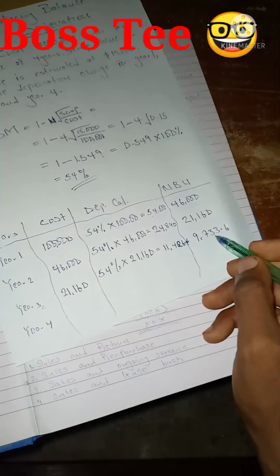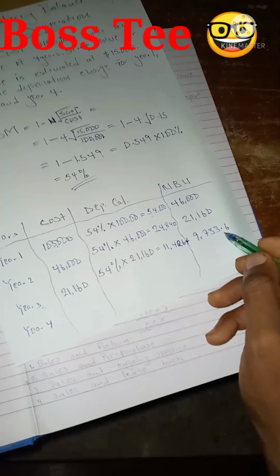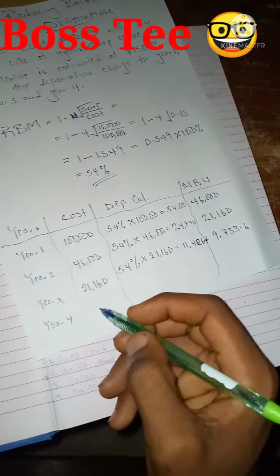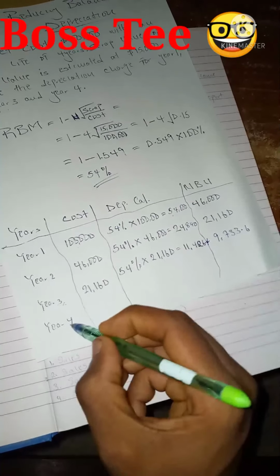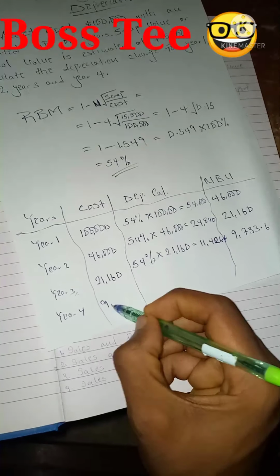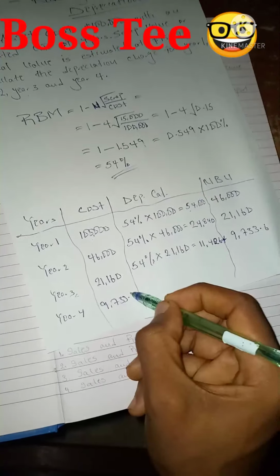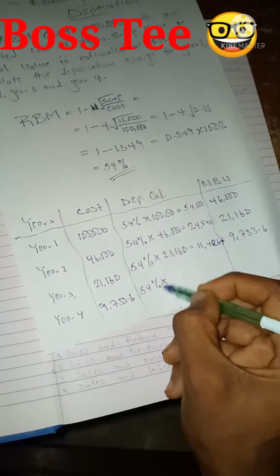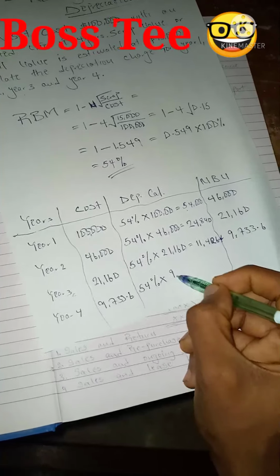Now, this 9,733.6 is the value of the asset in year 3. So the value of the asset, we bring it also in the final year, which is year 4. 9,733.6. We still charge our depreciation 54% of this amount.